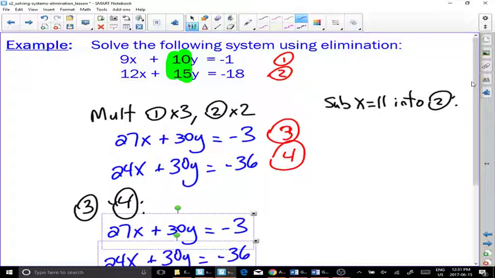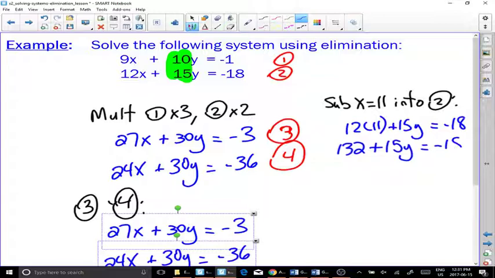So 12 times 11 plus 15y equals negative 18. 12 times 11, 132, plus 15y equals negative 18. If we bring the 132 over to the right side, it becomes negative. If we combine it with the 18, well, we're going to get minus 150.